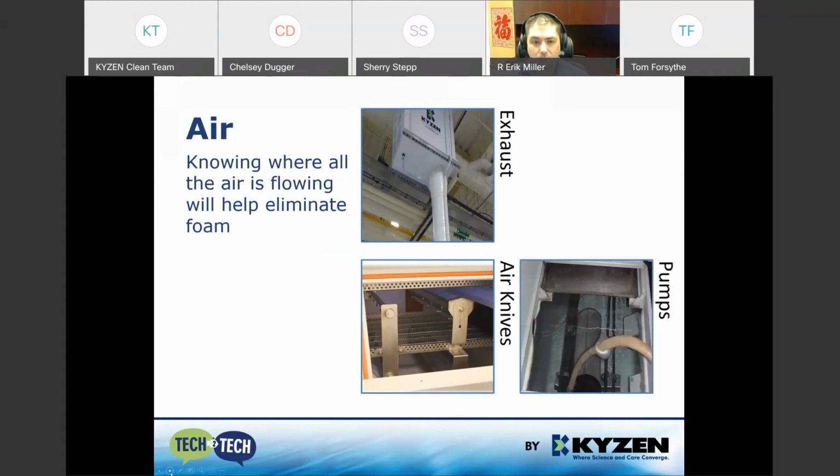Pumps are also something that we need to pay attention to. It's not necessarily part of the airflow directly, but pulling air into the chemistry or the water can often exacerbate the foam. That's kind of like turning the jets on the jacuzzi. If you've got a few bubbles, it doesn't do much. But if you've got lots of bubbles, all of a sudden you're going to have a big problem.